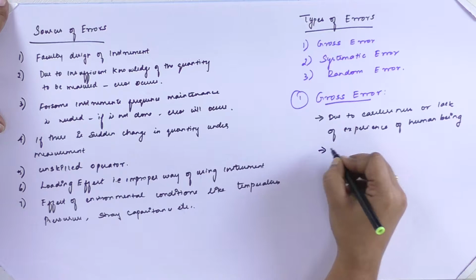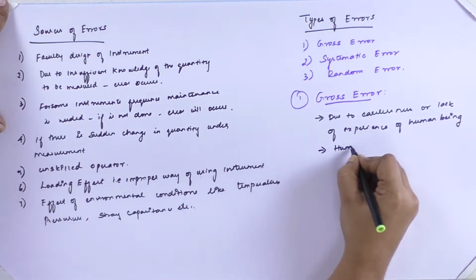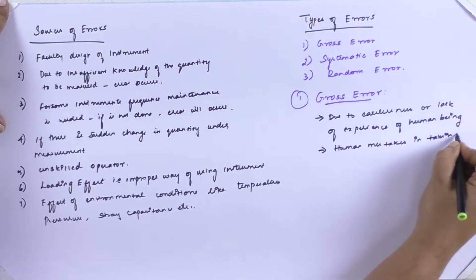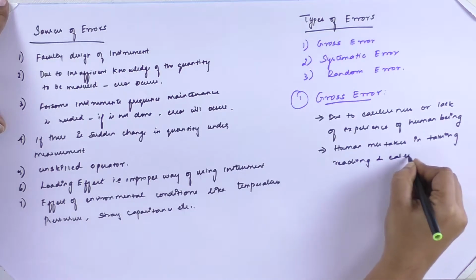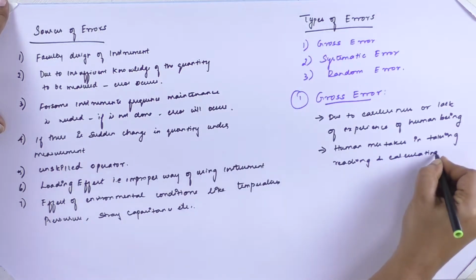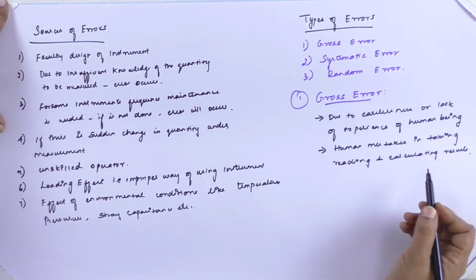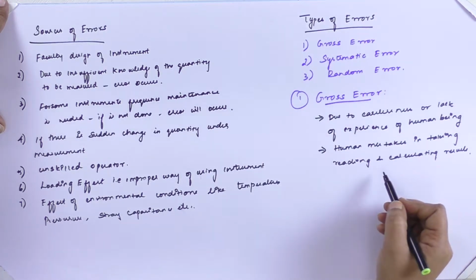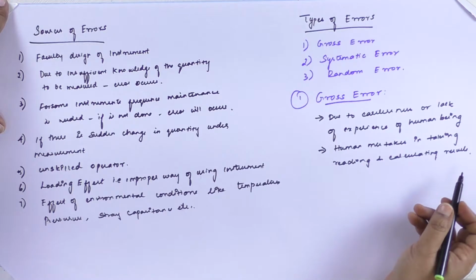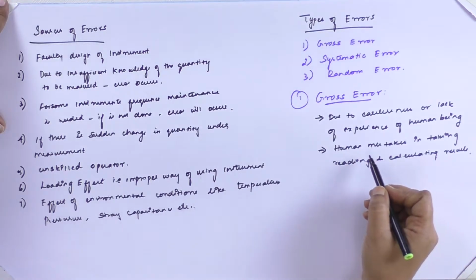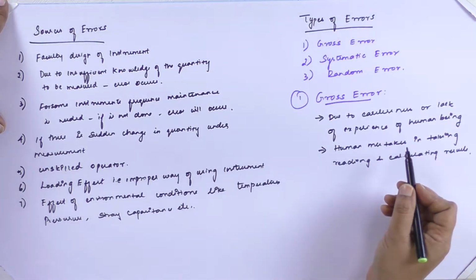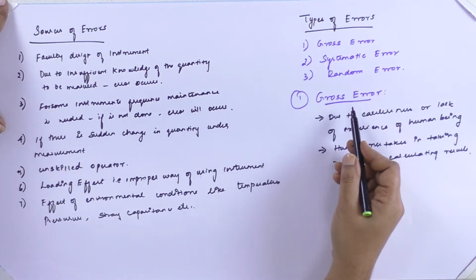So, this also includes human mistakes like in taking readings and calculating the result. If a human being who takes the reading and calculates the results makes some mistakes, that mistake causes gross error.